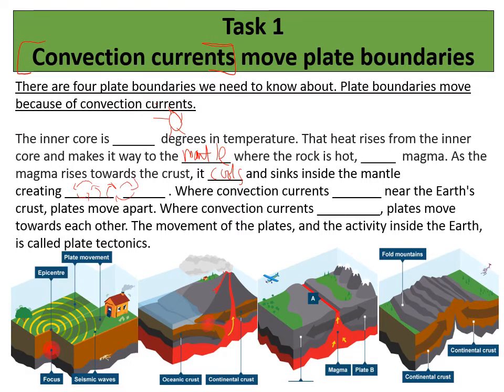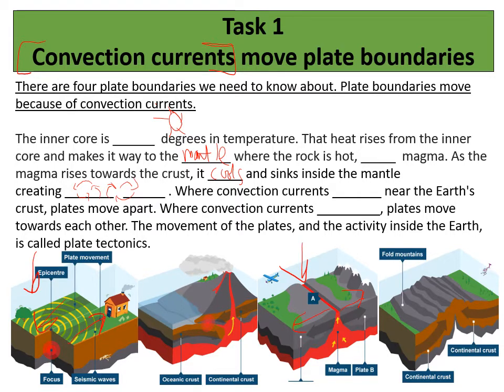Now, where convection currents are diverging, the plates are moving apart. So you can see that happening on this diagram here. So the plates are moving away from each other. And similarly, with this diagram here, the plates are moving away from each other.